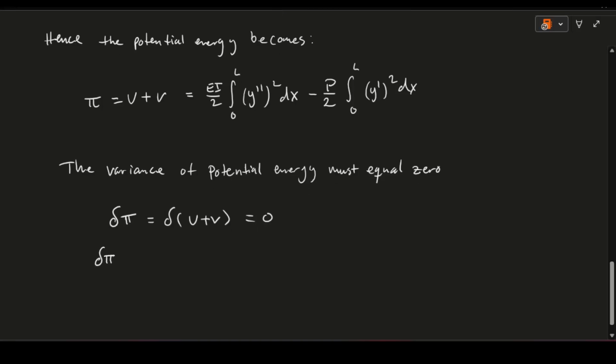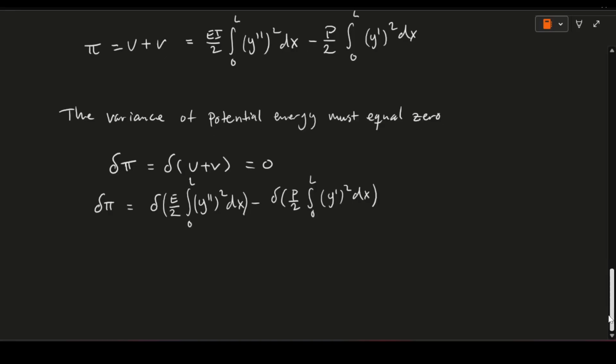So we get that the variation of pi is equal to the variation of EI over 2 integral from 0 to L y prime prime squared dx minus the variation of P over 2 integral from 0 to L y prime squared dx. We can use the Leibniz rule and take the variation under the integral sign.